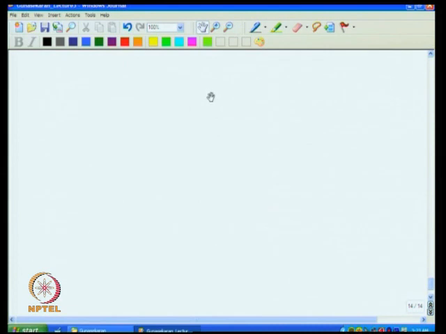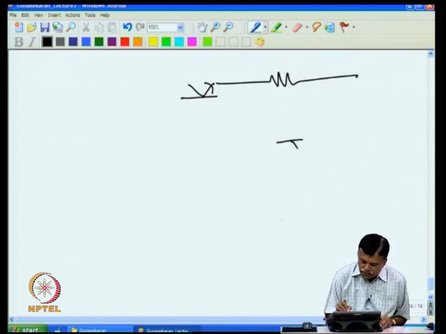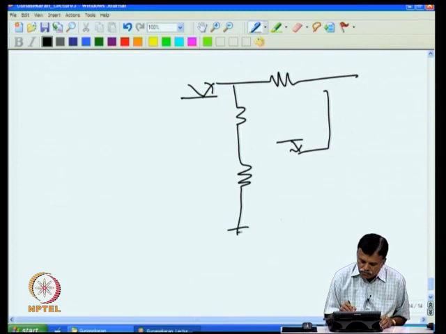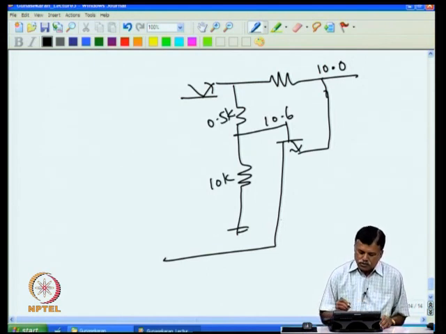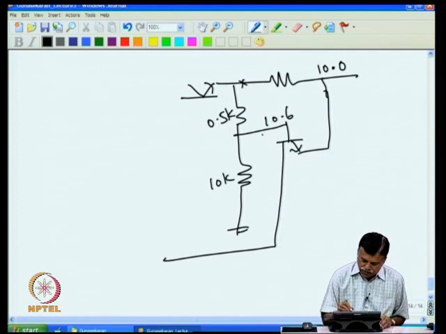Essentially, if I draw only that short circuit part alone, the circuit looks like this, and that goes to the collector, and that goes here, and that is connected here. So this is 10 volt, and this has to come to 10.6, and we have said this is 10K and this is 0.5 K we had taken. So what is the voltage required at this point to get 10.6?